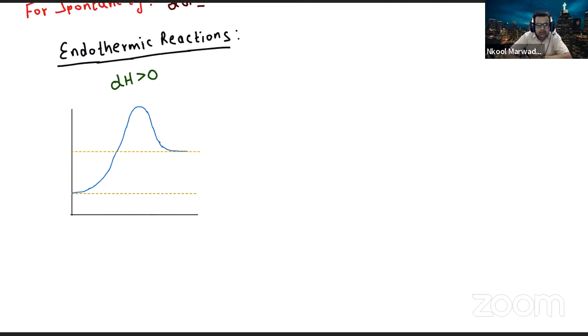Initially, we have reactants, and after some time, those reactants get converted into the products. This is the time axis.